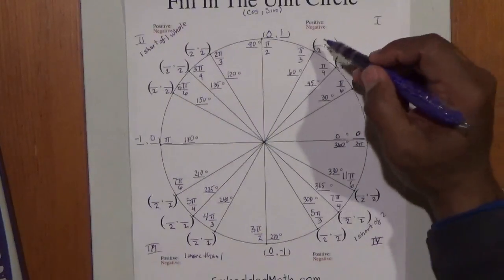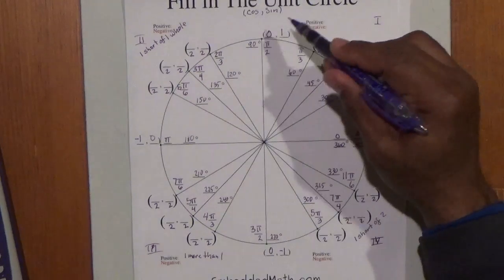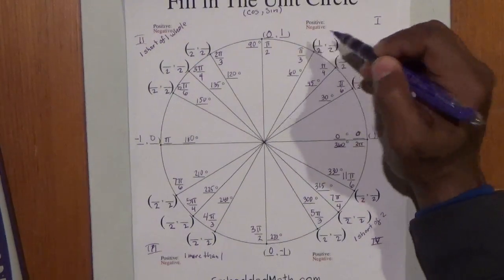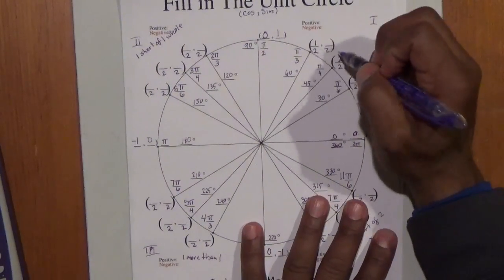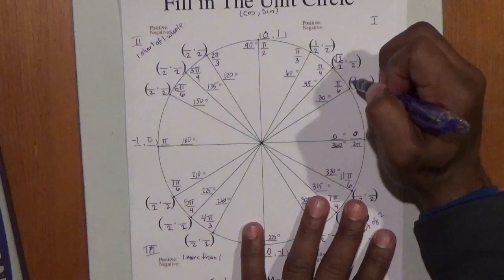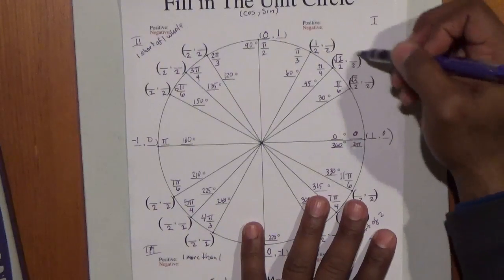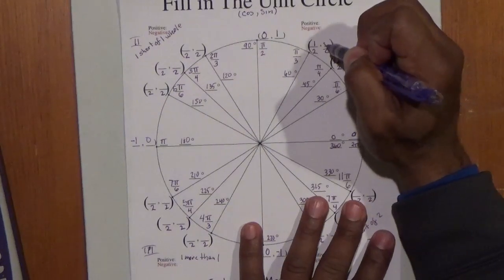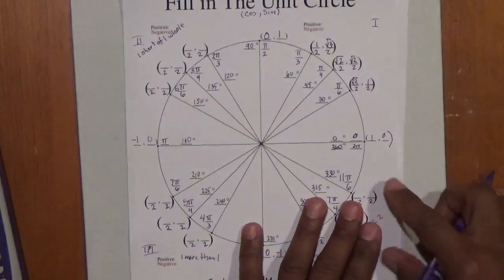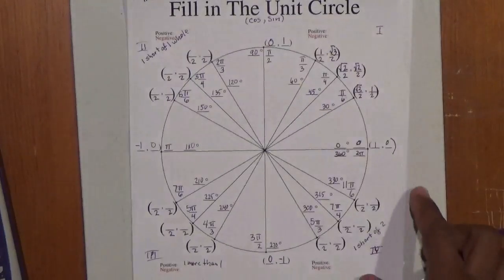And we say our cosine values are going to be like the clock on the wall. We're going 1, 2, 3, but we're doing it with a square root. And we go opposite up: 1, 2, square root of 3. So we take care of everything in the first quadrant.